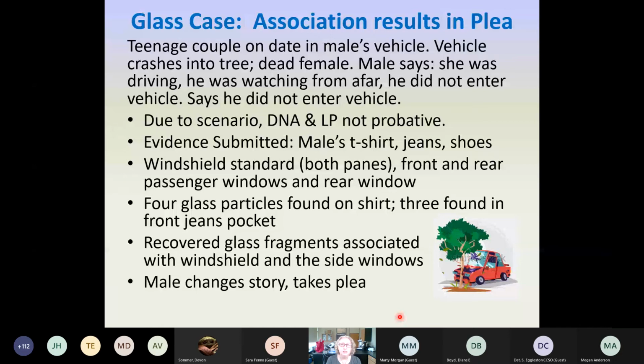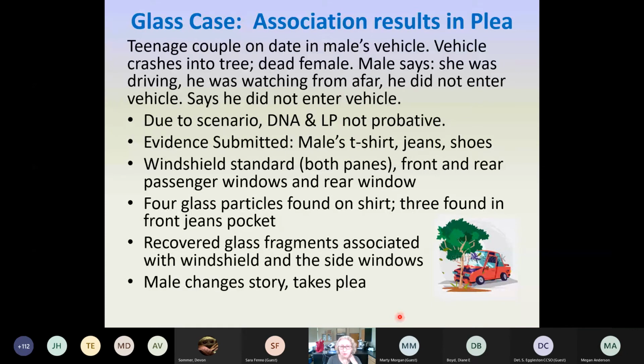The male says she was driving, she did not have a license, by the way. She was driving, he was watching her from afar, and he did not enter the vehicle. Due to the scenario, it being his car, DNA and latent prints are really not probative, because even if they're found in the car, that would be totally expected for one's own car.